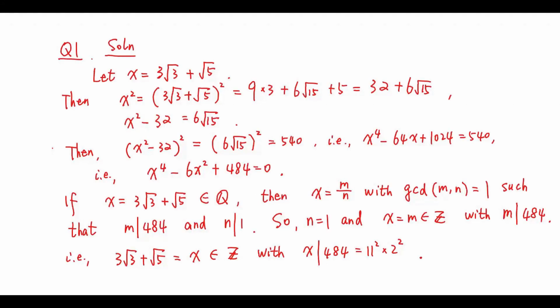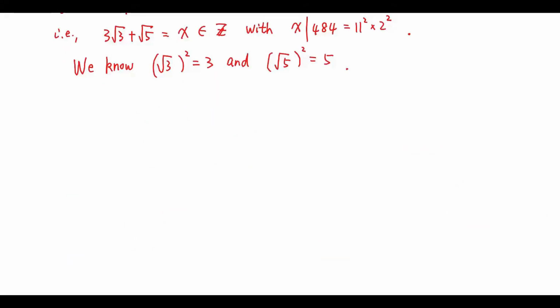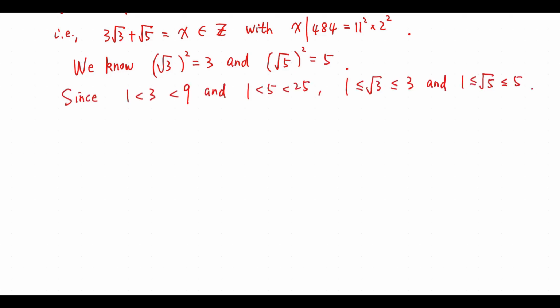This says x is an integer such that x divides 11 squared times 2 squared. We know the square root of 3 squared equals 3, and the square root of 5 squared equals 5. We have these two inequalities.